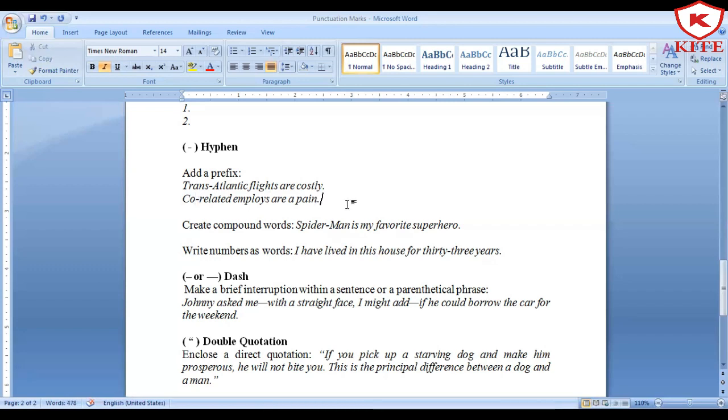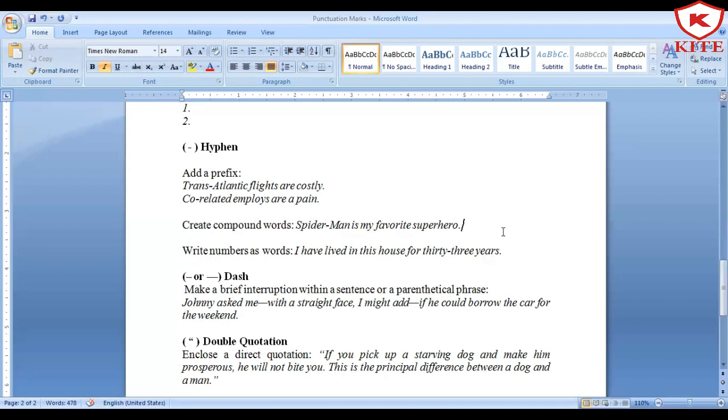We have joined both the words with the help of a hyphen. In the same way, all of you know very well that to create compound words, I don't need to tell you what are compound words, you know them very well. For making compound words, one of the methods is to use a hyphen. See, Spider-Man is my favorite superhero. Instead of using spider and man together, you can put a hyphen in between.